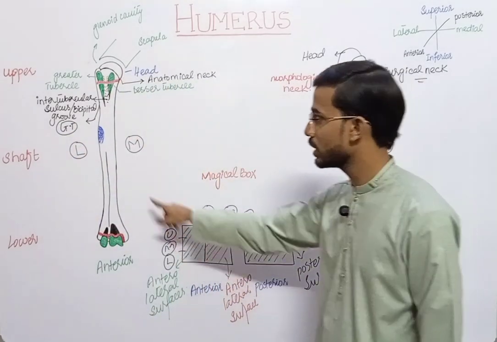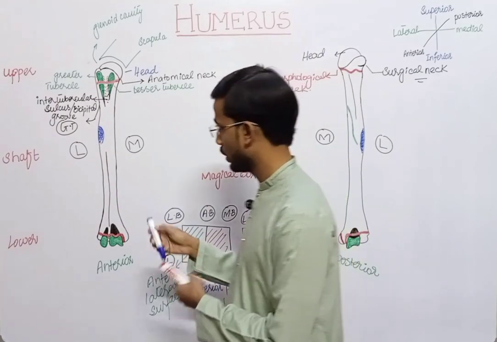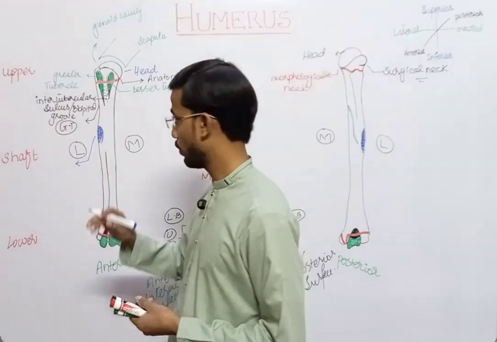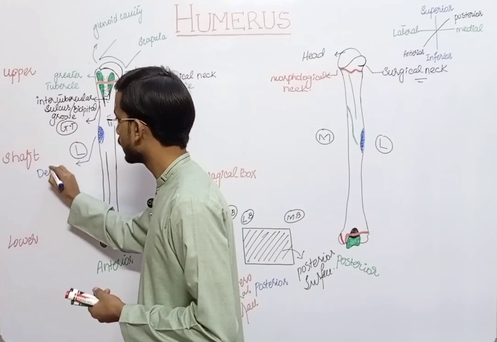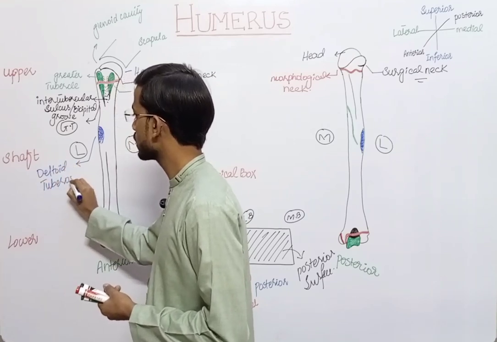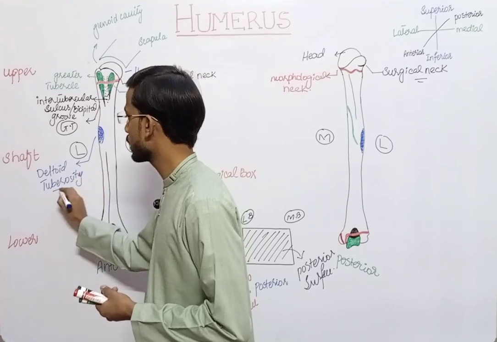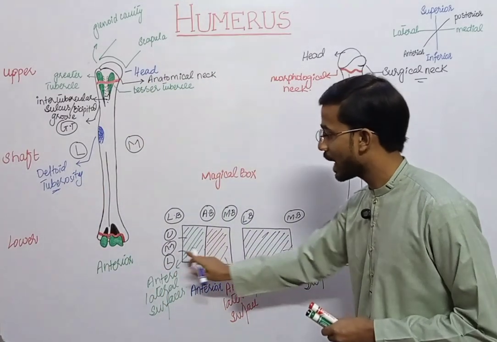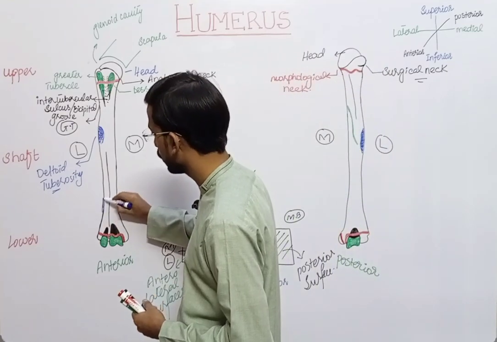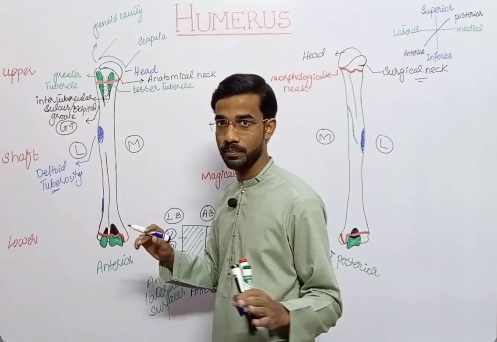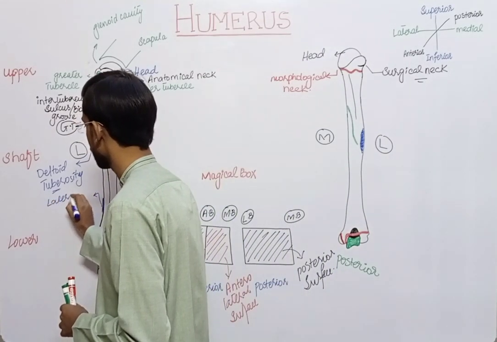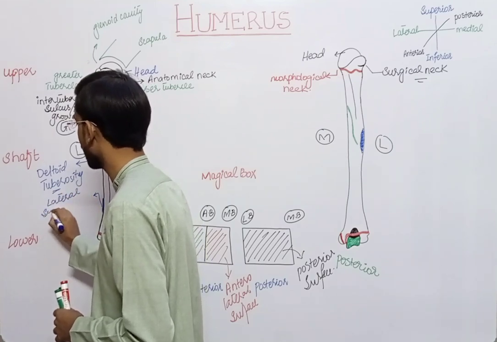At the middle portion, here you can see the middle portion, and in that portion the deltoid tuberosity is actually present. And at the lower portion, at the lower side, there is a ridge which is called the lateral supracondylar ridge.